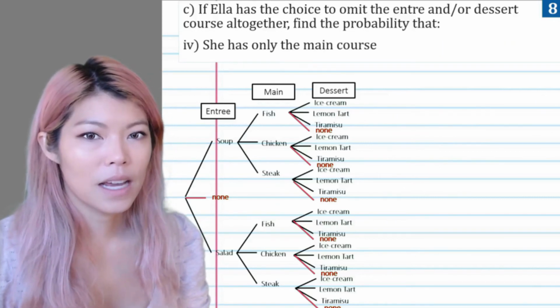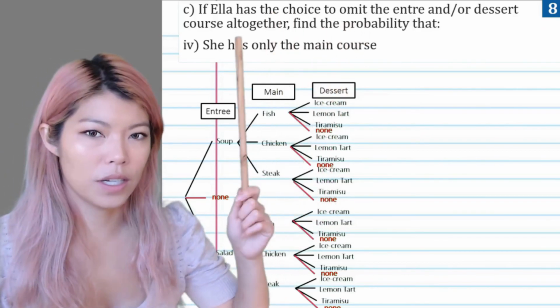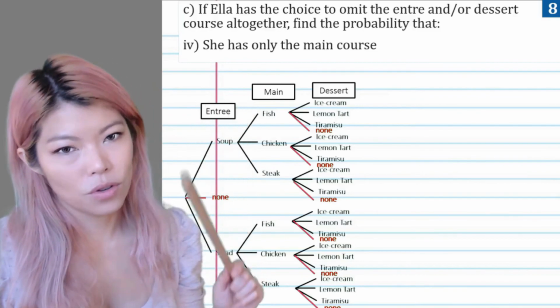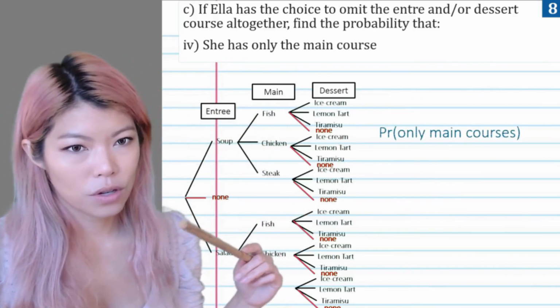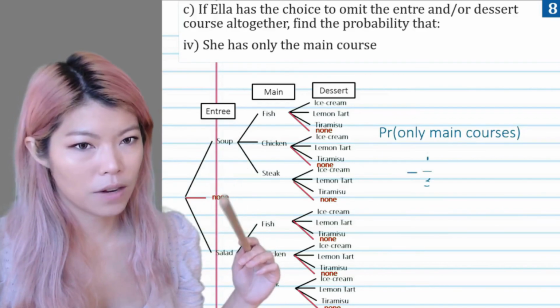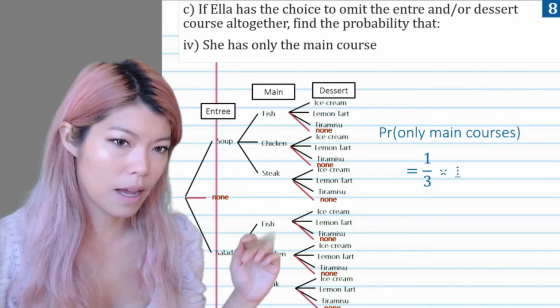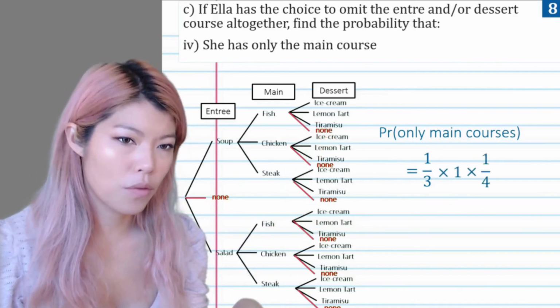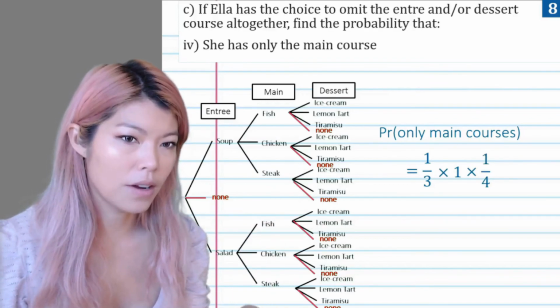And lastly, if she can choose to omit the entree and dessert, what is the probability she only chooses the main course? So no entree, main, no dessert. So no entree means 1 out of the 3, and main, anything, means times 1, and no dessert, so times 1 out of the 4.